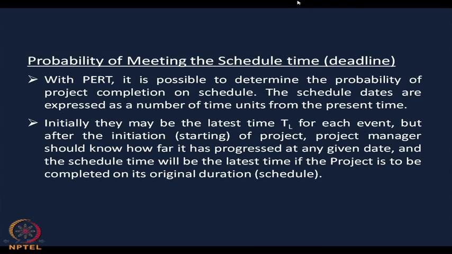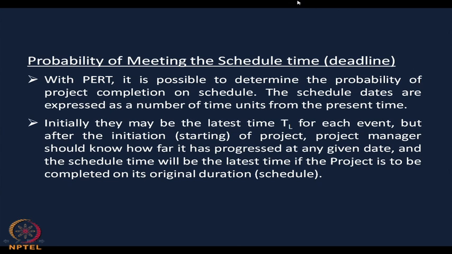With PERT, it is possible to determine the probability of project completion on schedule. The scheduled dates are expressed as a number of time units from the present time. Initially, there may be the latest time TL for each event, but after initiation of the project, the manager should know how far it has progressed at any given date, and the schedule time will be the least time if the project is to be completed on its original duration.